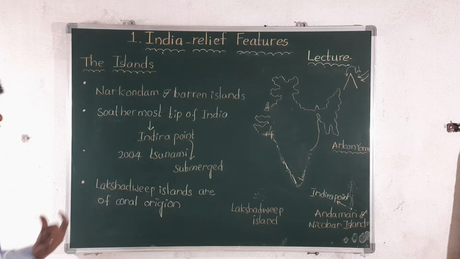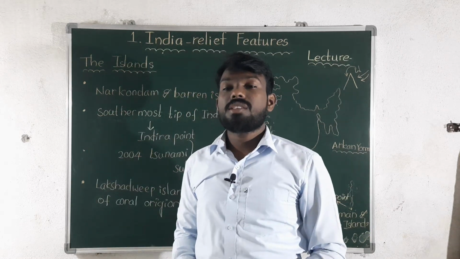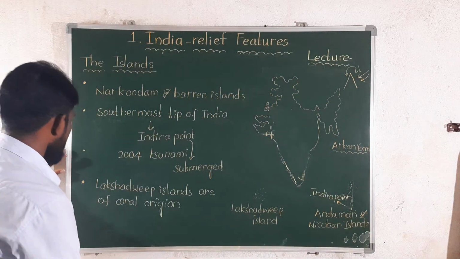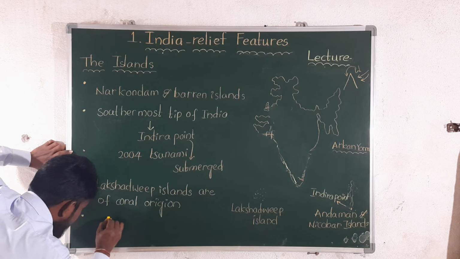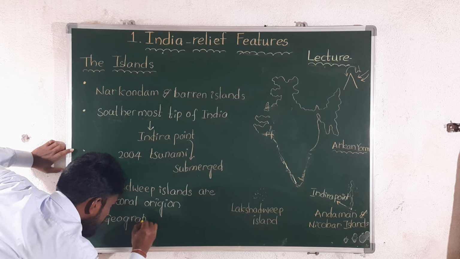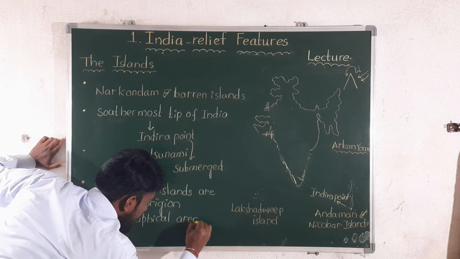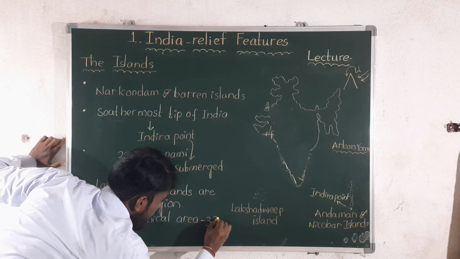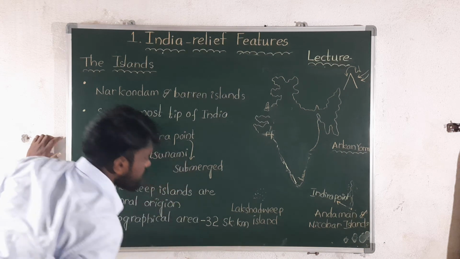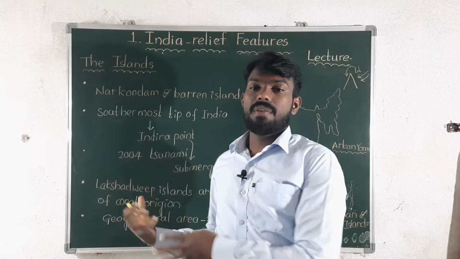The geographical area of the Lakshadweep Islands is 32 square kilometers.